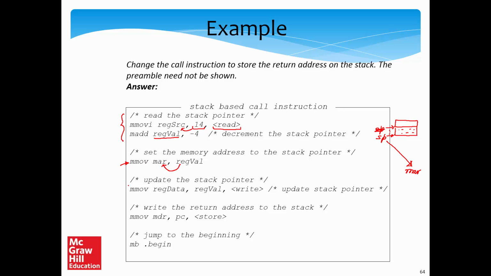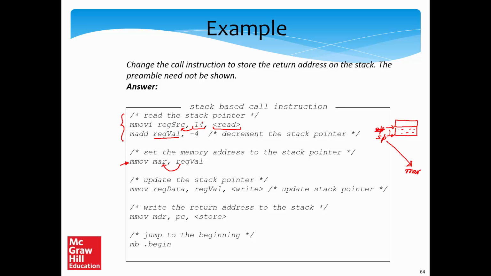Now that the stack pointer has been updated, it needs to be written back to the register file, right? So which register are we writing it back to? We are writing it back to whatever is stored in reg source.